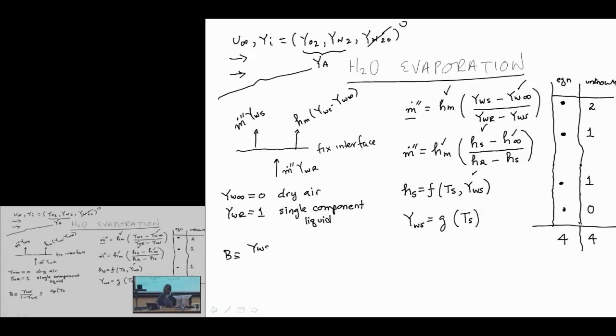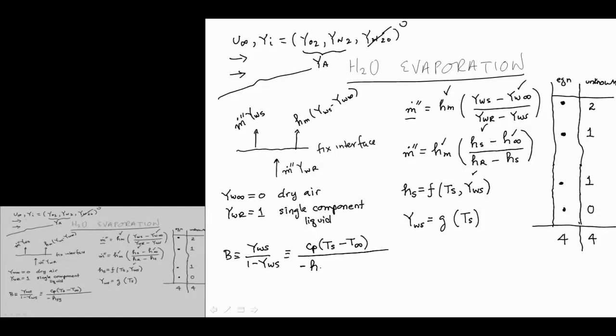So we're going to use this model for the fluid, CP TS minus T infinity, divided by HR minus HS, which is minus HFG, the latent heat, plus CP liquid, TR minus TS.